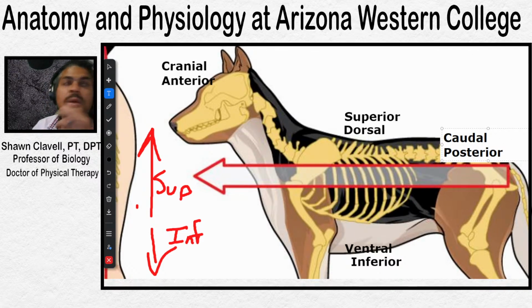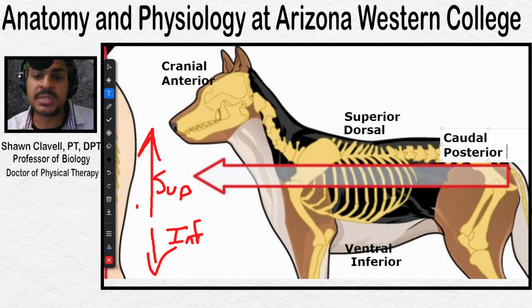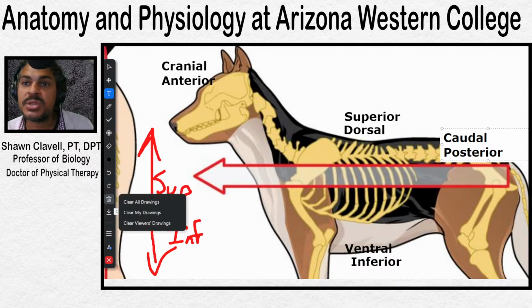So the anatomical directions as they relate to our four-legged friends: the head is anterior, the tail is posterior, their back is actually up towards the sky, their belly is facing down towards the ground, which is in contrast.